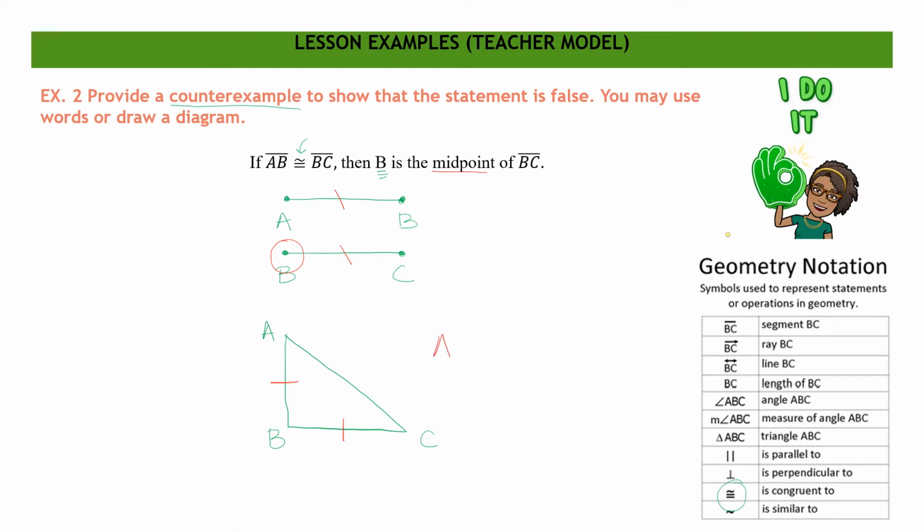I can state that AB is congruent to segment BC, however, B is not the midpoint of BC. As you can see right here, B connects to segment BC, and B also connects to segment AB. So B clearly cannot be the midpoint of segment BC.